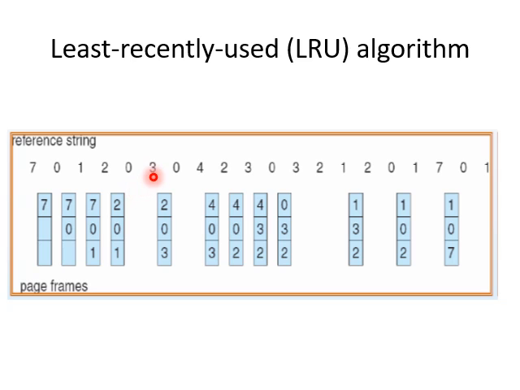But just before referring to 3, we had referred to 0, and just before referring to 0, we had referred to 2. That means the page which has not been referred to for the longest period of time is page number 1. And this is the page that will actually be removed. So 1 is removed and is replaced by 3, and so on.